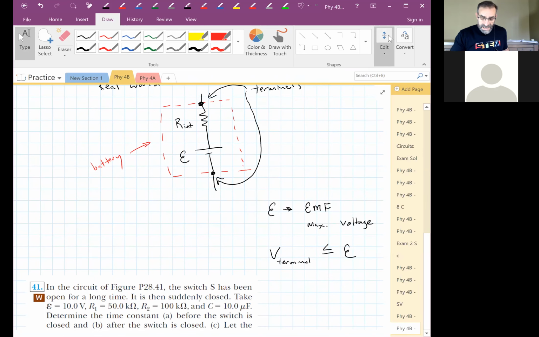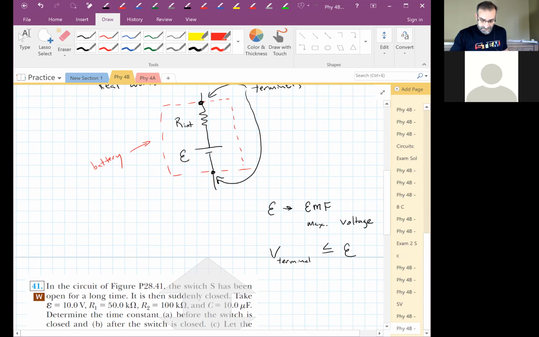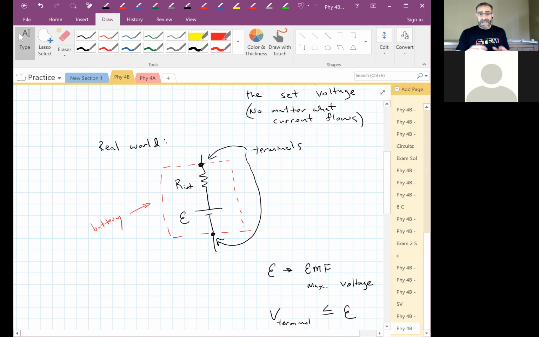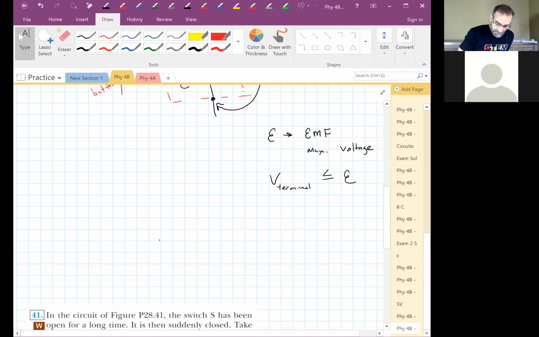So why is that? Let's just think of it like our hiking trail with elevations. I'm going to redraw my battery over here. We come in the low side.